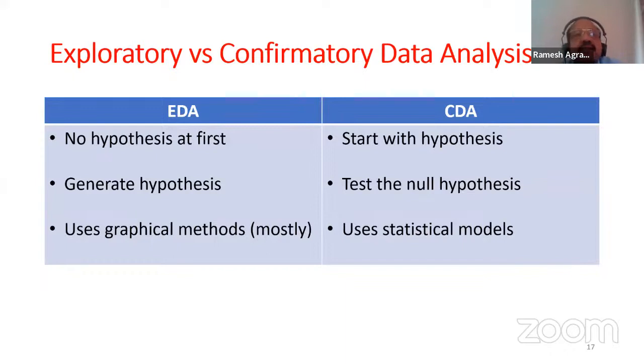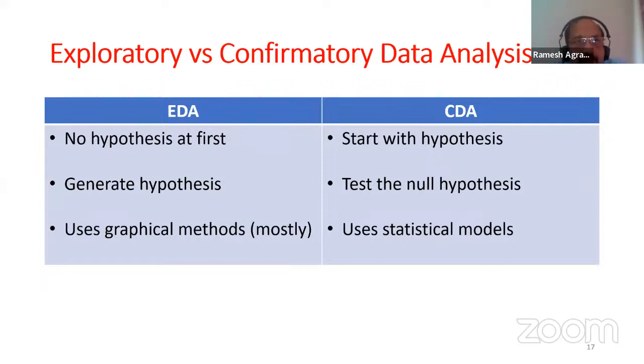So let's see the difference between exploratory data analysis and confirmatory data analysis. When you talk about EDA, there's no hypothesis initially. But in confirmatory data analysis, you always start with some hypothesis.